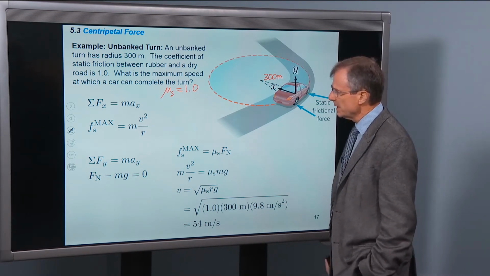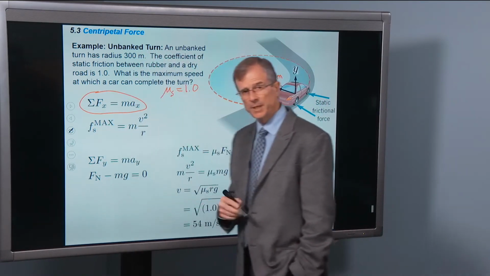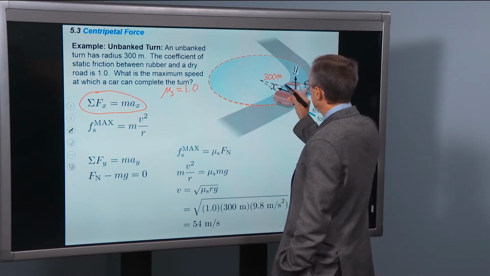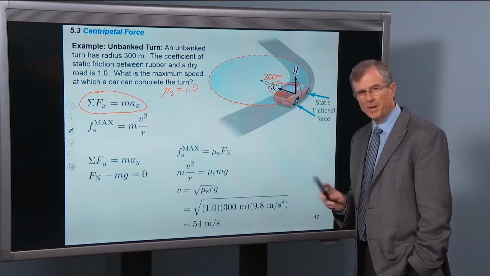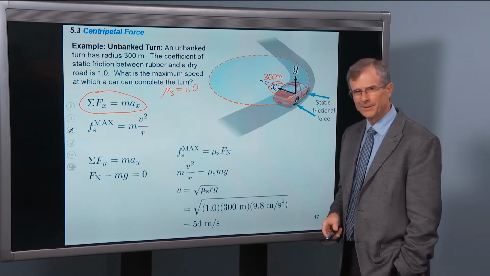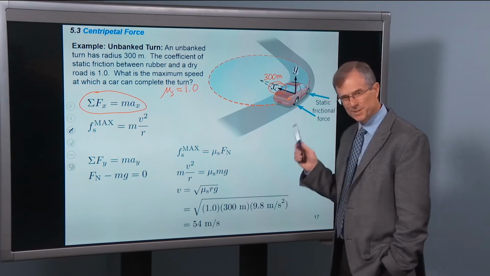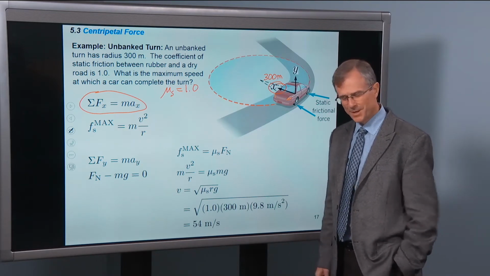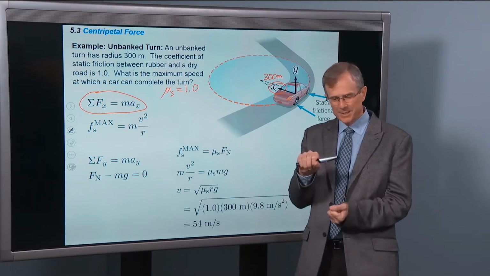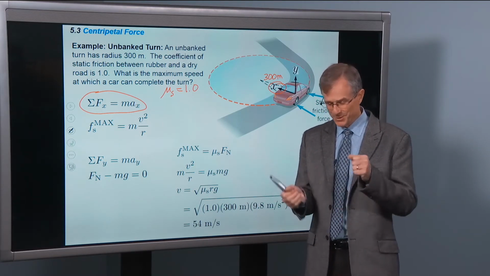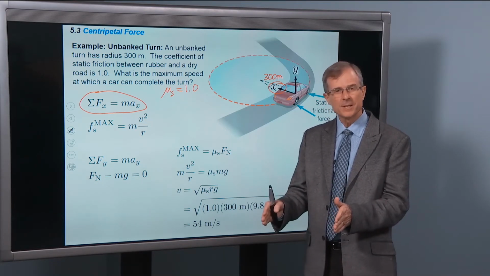Well, how are we going to set it up? We're going to write down Newton's second law in the x direction. In the x direction, there's one force acting on that car: the force that turns the car. It's not the steering wheel that turns the car, as we talked about in the introduction a couple chapters ago. The steering wheel turns the wheels, and the wheels are in contact with the pavement.